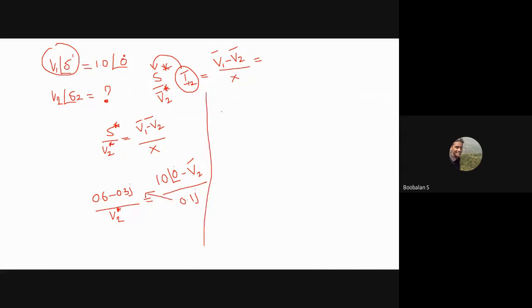So 0.1j into 0.6 minus 0.3j equals, with v2 coming to this side, 1 into v2 conjugate minus v2 into v2 conjugate again.